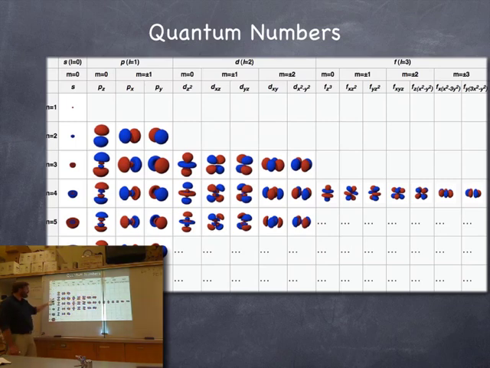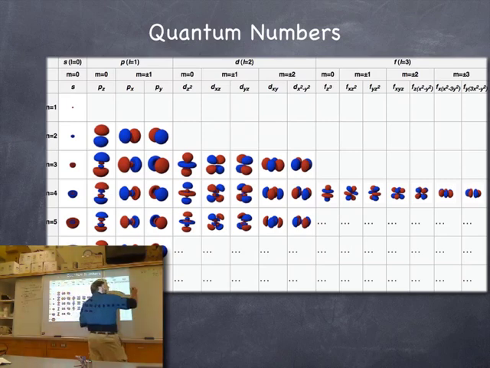And how come n equals 3 doesn't have F? Well, it turns out that when you solve the wave function, you can't get a solution with this set of variables. There's some simple math we can use to describe how these things relate to each other. So n has to be integer values starting at 1: 1, 2, 3, 4, 5.